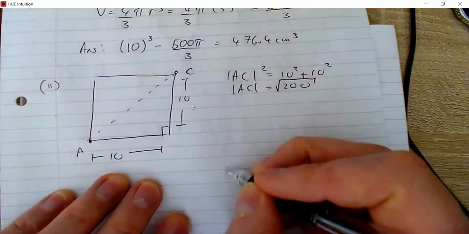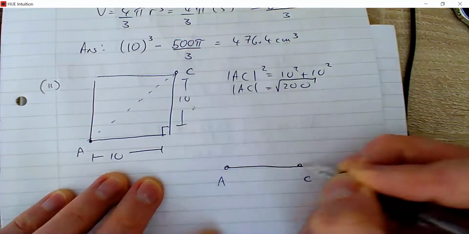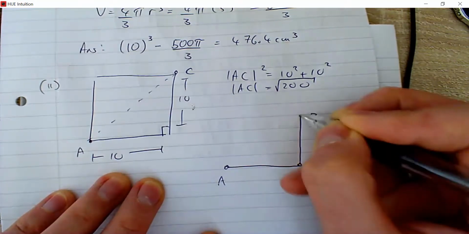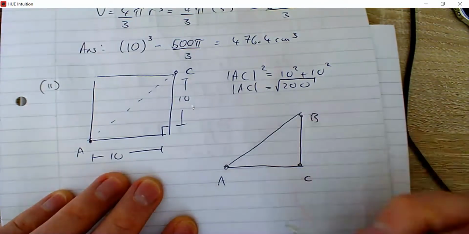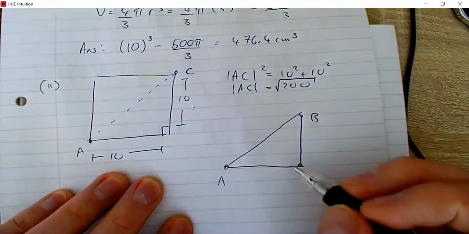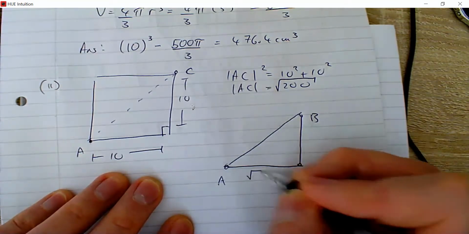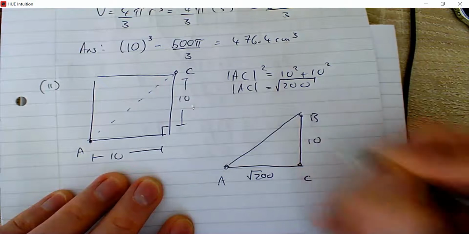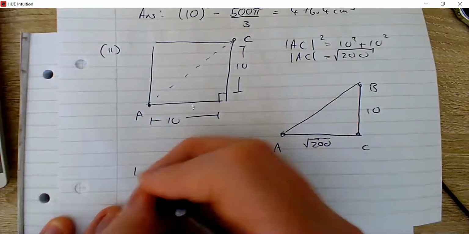I'm going to say from A to C to B, that's the right angle triangle that I'm working with here. A to B is the diagonal through my cube that I want. That's the diameter of my sphere. I know that's root 200, and I know this is 10. So AB, I can work out here.